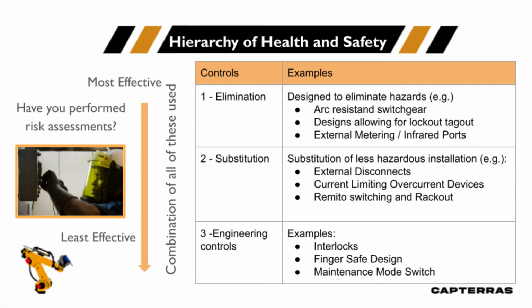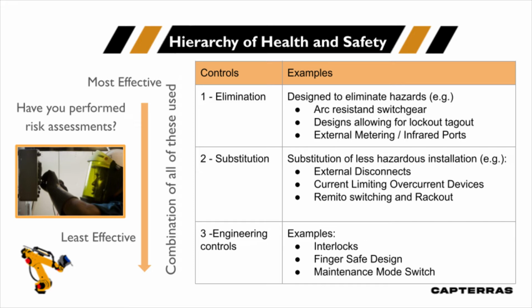In this next slide, we can see the hierarchy of health and safety controls, adopted from the AIHA standard Z10 for occupational health and safety systems. You can also find information on job hazard analysis in OSHA publication 3071, and of course in NFPA 70 Informative Annex F. But really, we want to be operating at the top of this hierarchy.